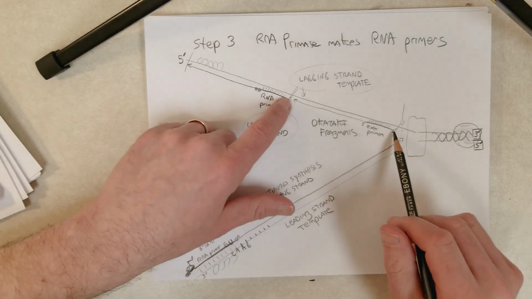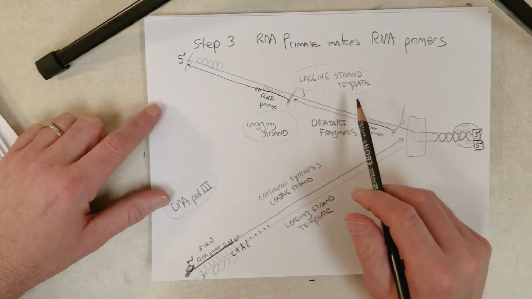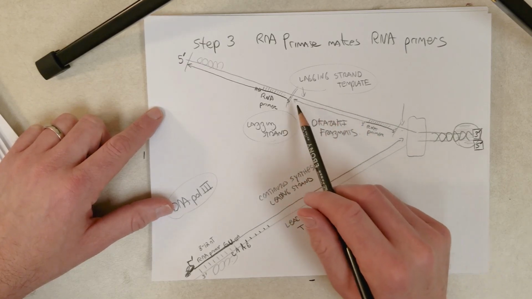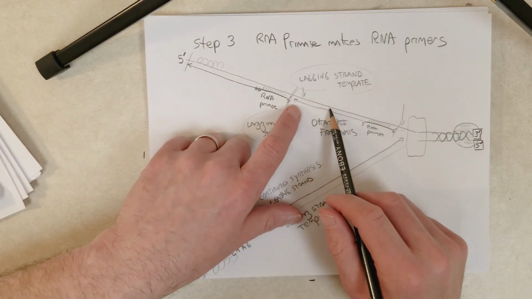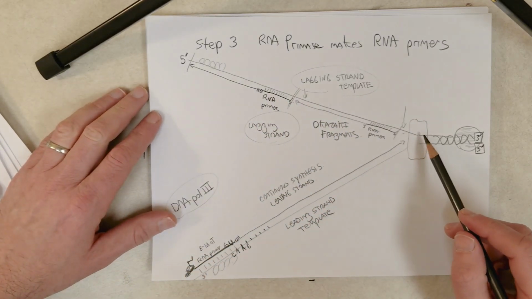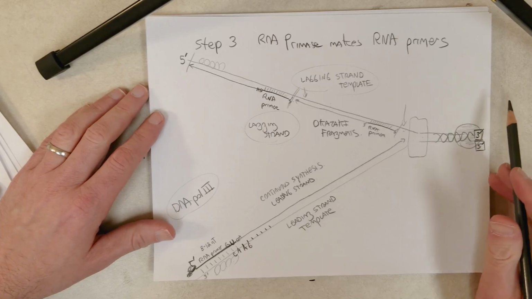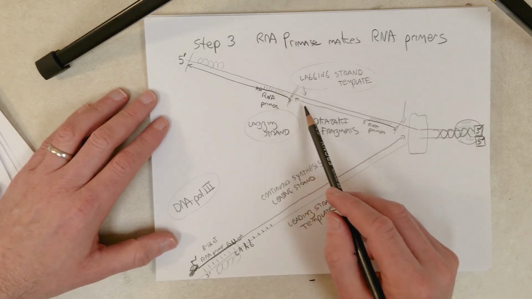And it has to be synthesized that way because the polymerase only synthesizes in the 5' to 3' direction, and with respect to the lagging strand, synthesis occurs in the opposite direction to that of the movement of the replication fork. So you can see now a problem.